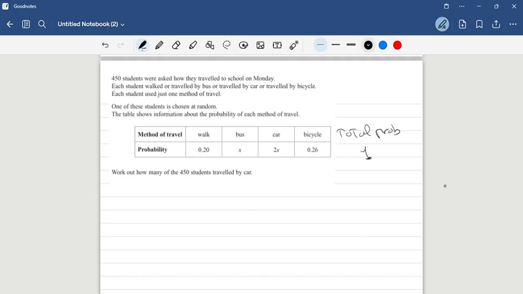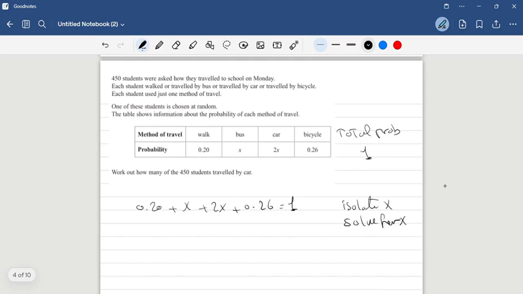So in this condition, if he asks me to work out how many of the 450 students traveled by car, he needs the value of 2x, so I have to calculate this. The first thing I need to do is add all these probabilities together. It will be like 2x, 0.26, which all equal 1. Now I have an equation in one variable, right? So I need to isolate x and solve for x, right?